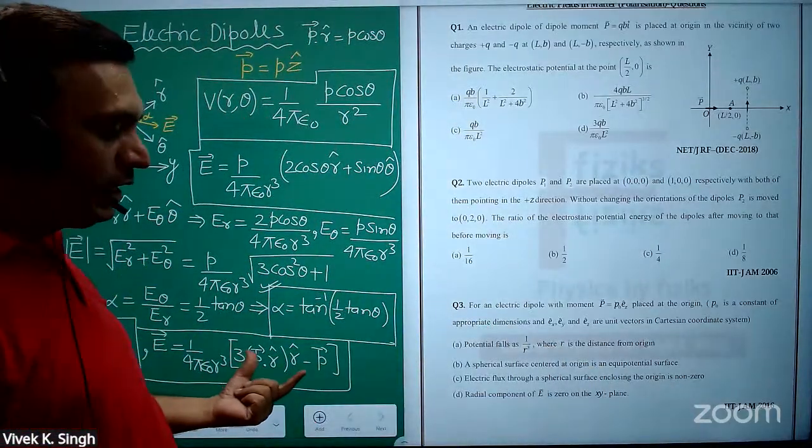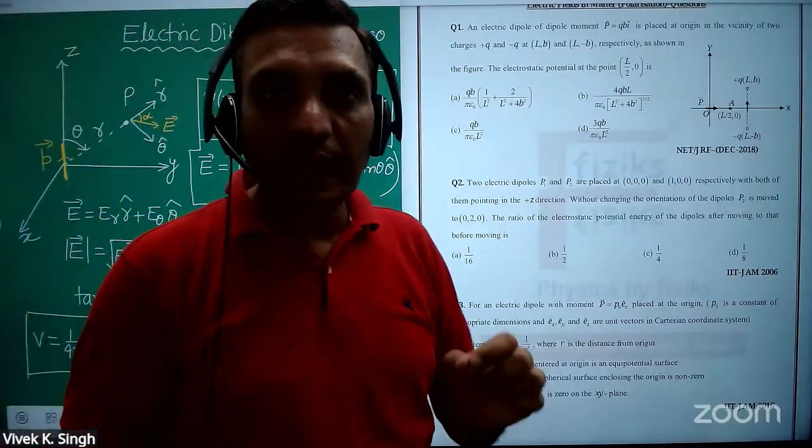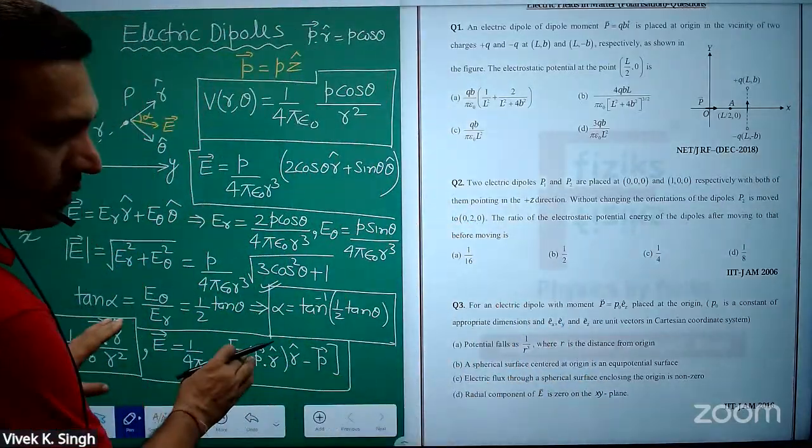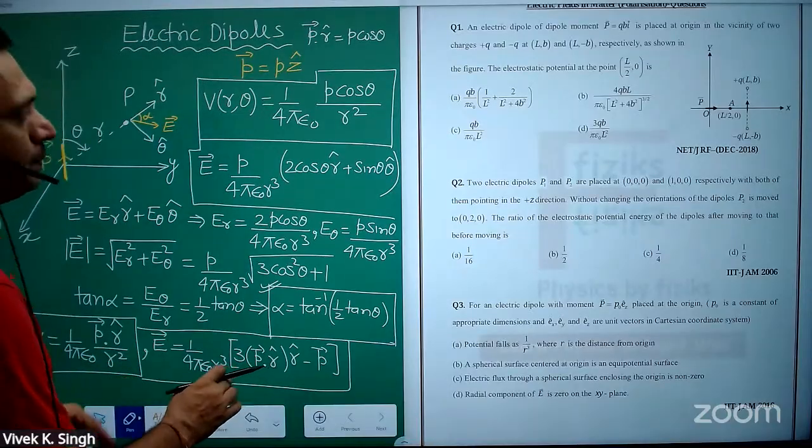If you know the coordinate form, you can also easily find the x, y, z components of the electric field.